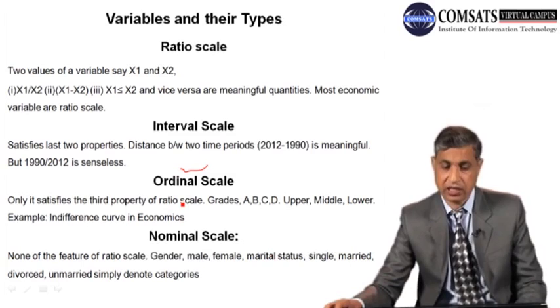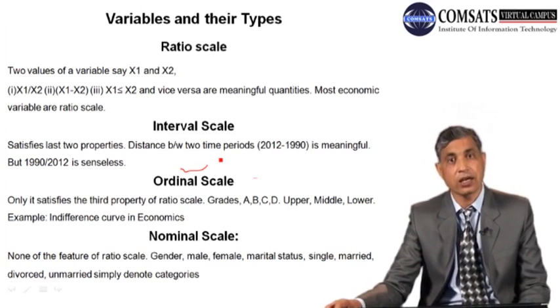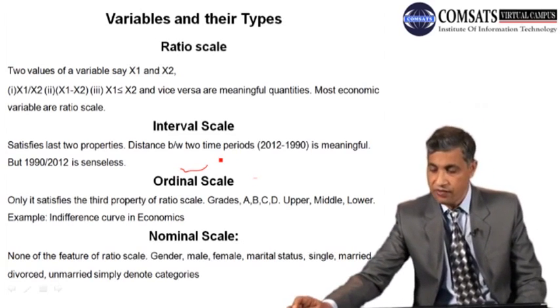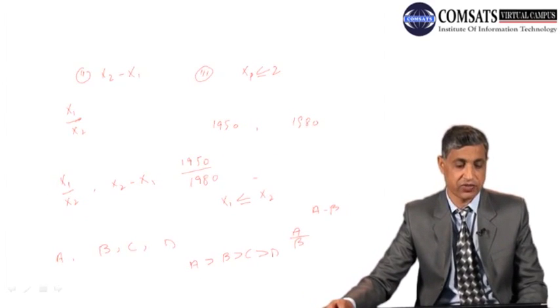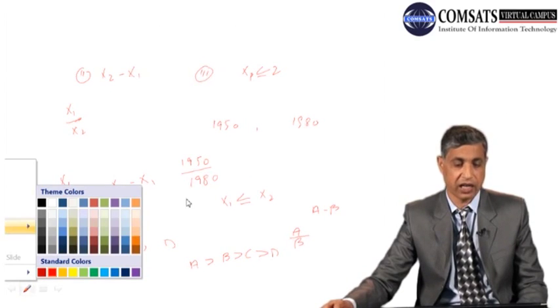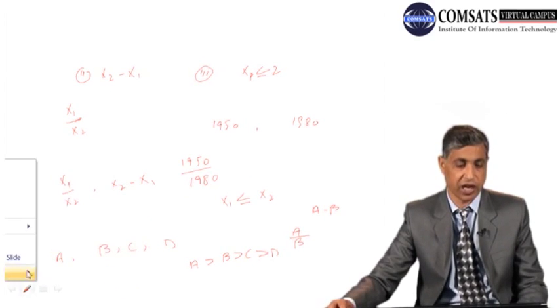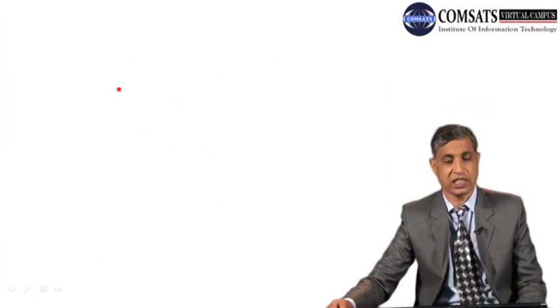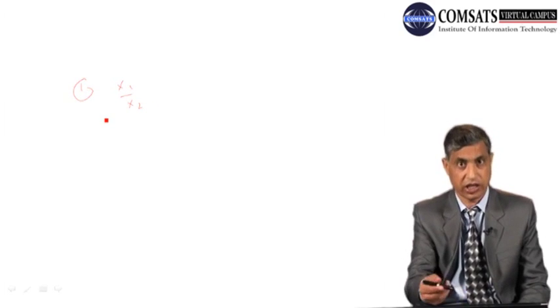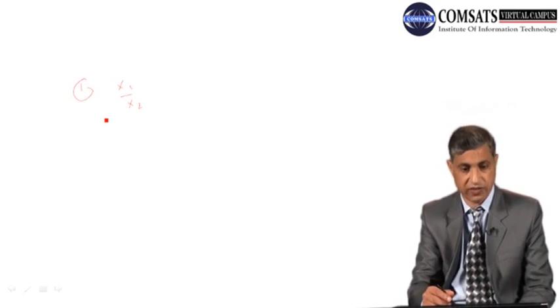The last variable we are going to discuss is the nominal scale variable. What is the nominal scale variable? It is very easy to understand. These variables don't fulfill any of the conditions that we have discussed previously. So I will just repeat 1, 2 and 3. The first condition was that their ratio is meaningless here in the nominal scale variable.